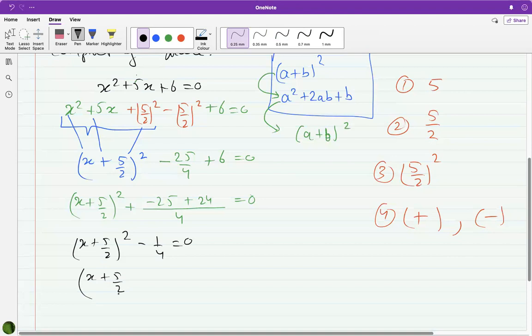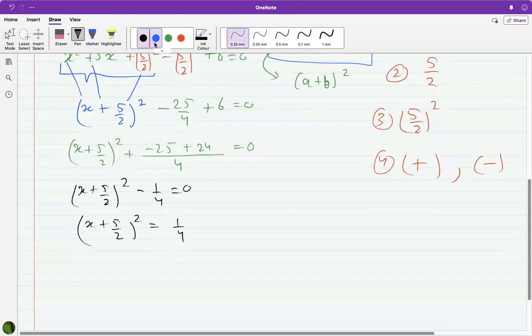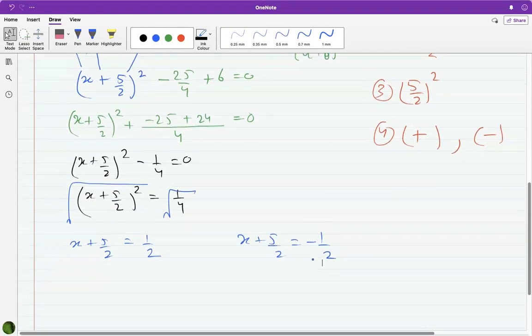So x plus 5 by 2 whole squared is equals to 1 by 4, square root both sides. This is x plus 5 by 2 equals 1 by 2, and x plus 5 by 2 equals negative 1 by 2.